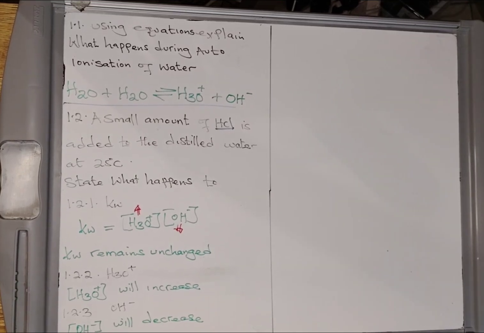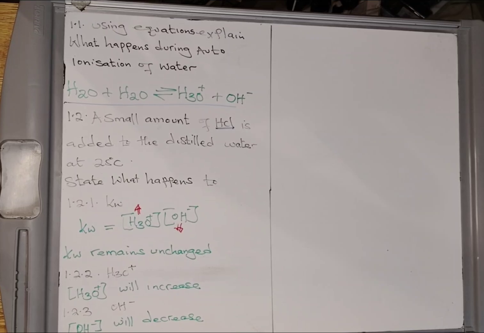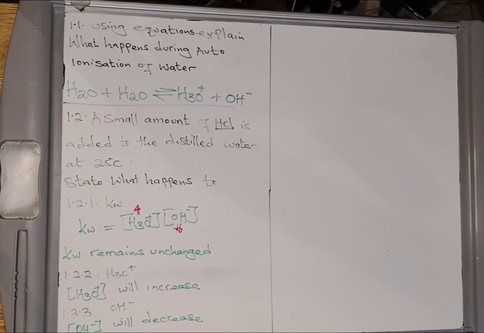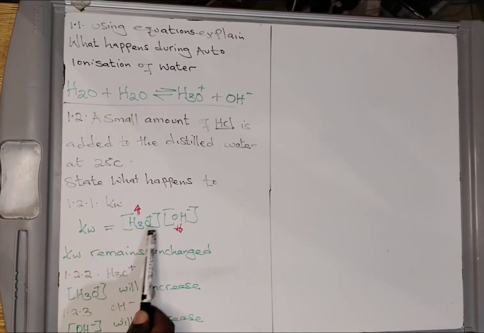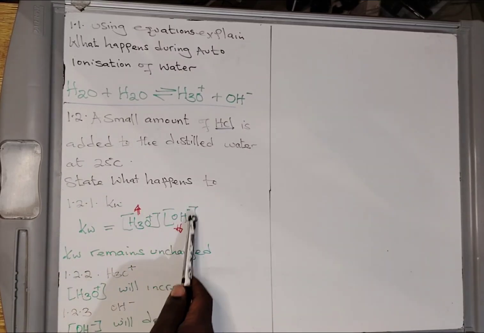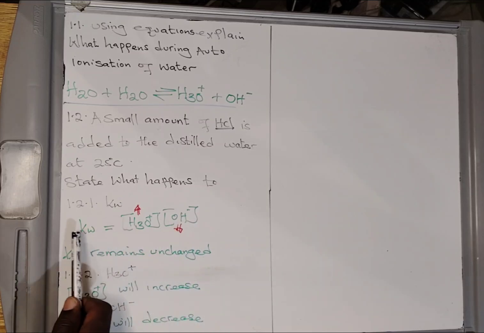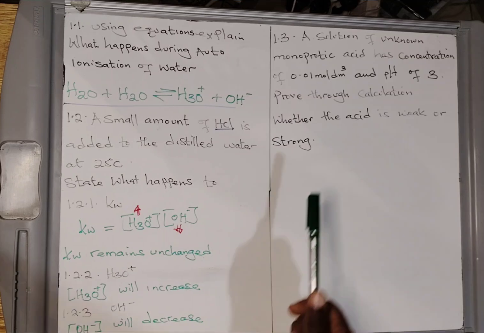All these questions have been answered. Like I said, when you add HCl, the concentration of hydronium ions increases, and the concentration of hydroxide ions decreases to maintain Kw constant.